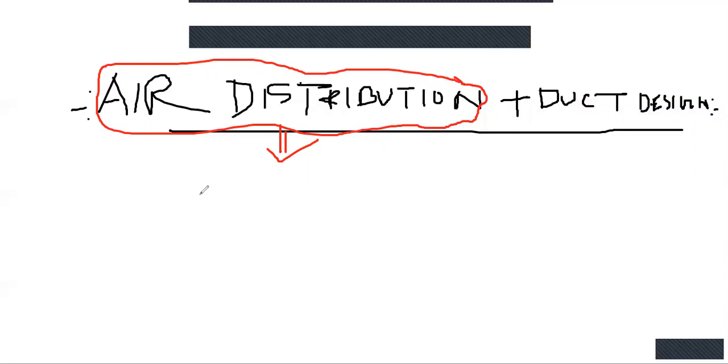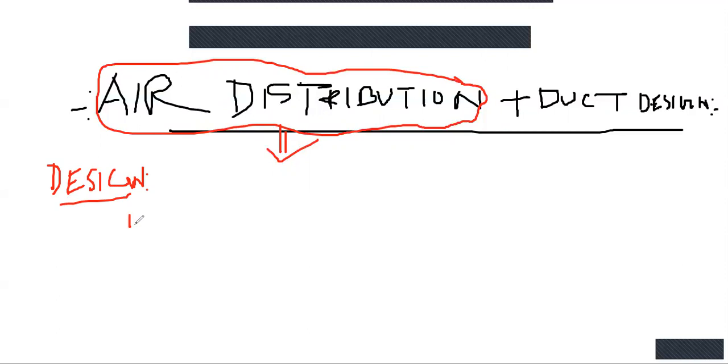Okay, there are basic design aspects for air distribution. Design aspects of air distribution.